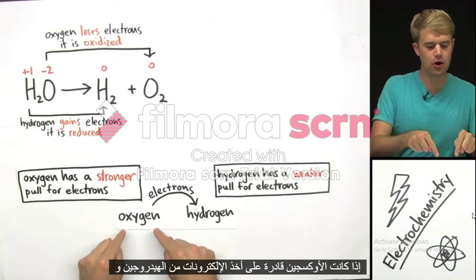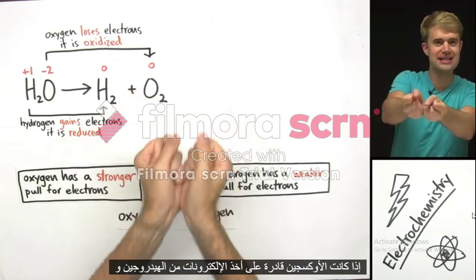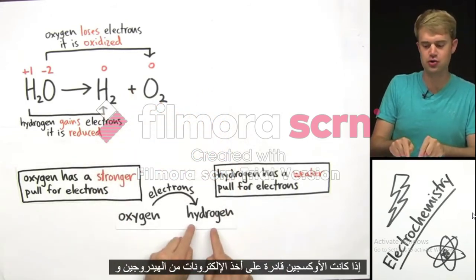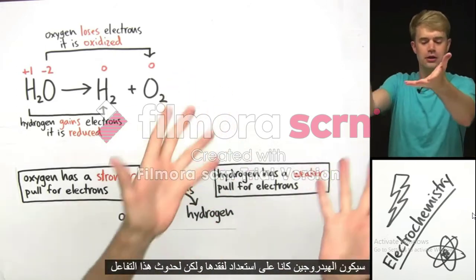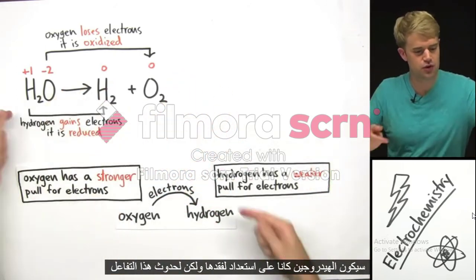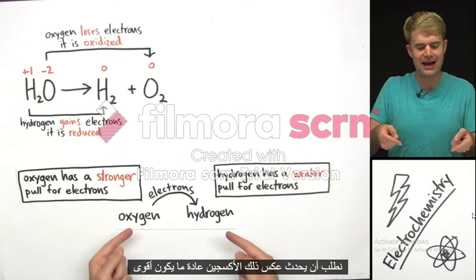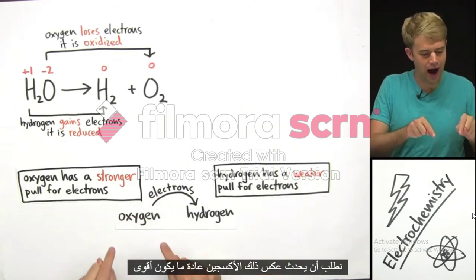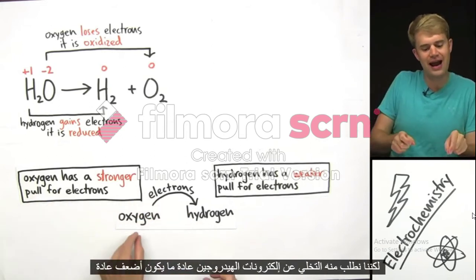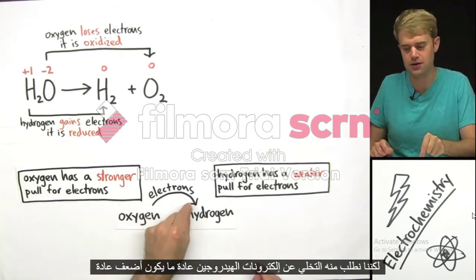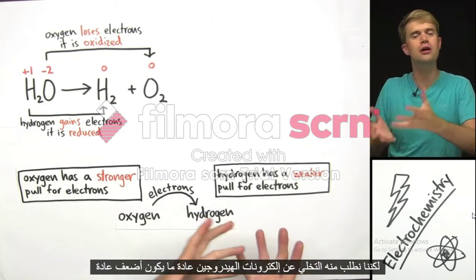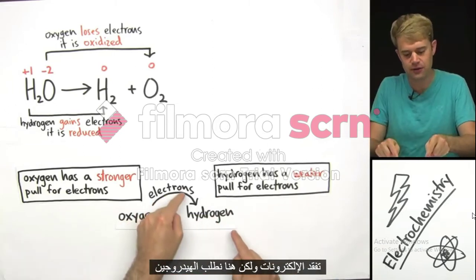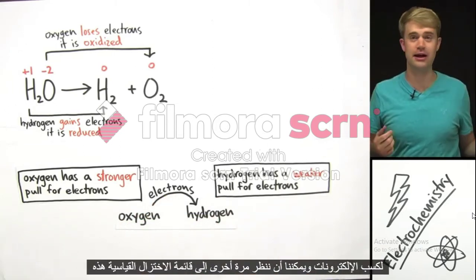So if it could, oxygen would want to take electrons from hydrogen, and hydrogen would be willing to lose them. But for this reaction to happen, we're asking that the opposite take place. Oxygen is usually stronger, but we're asking it to give up electrons. Hydrogen is usually weaker, it usually loses electrons, but here we're asking for hydrogen to gain electrons.